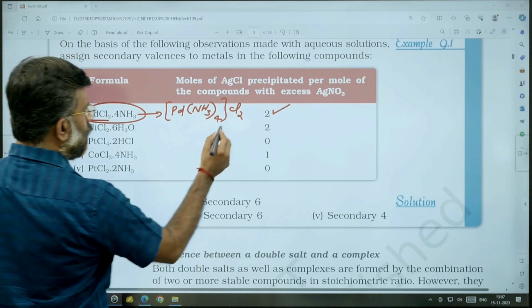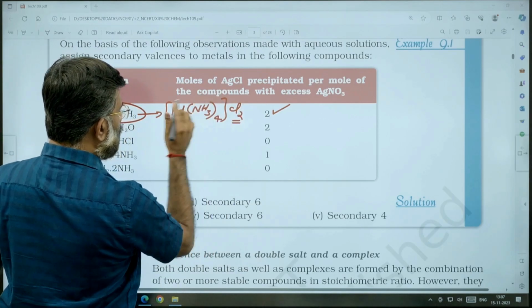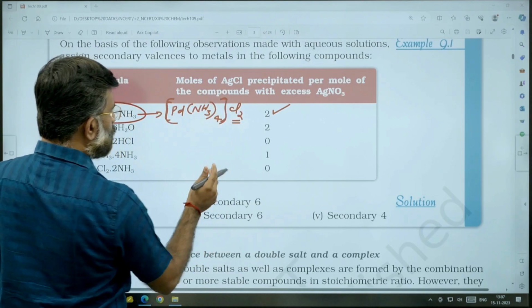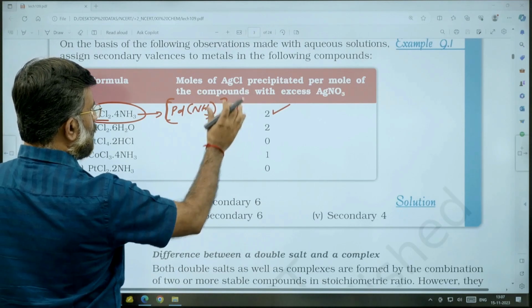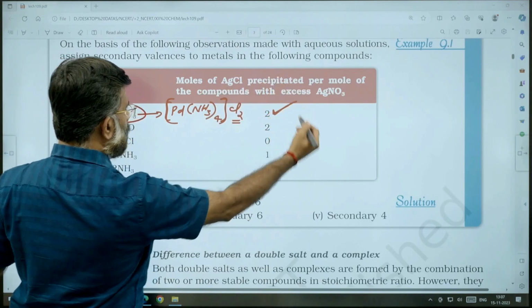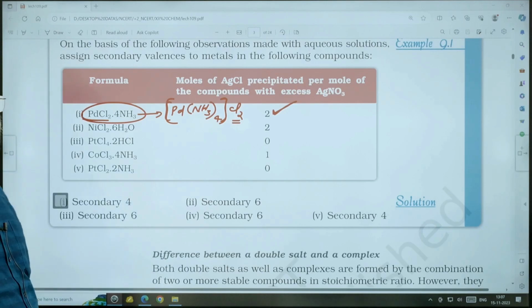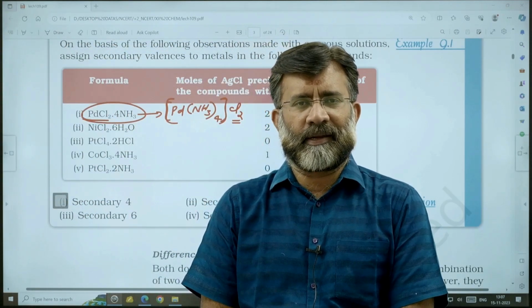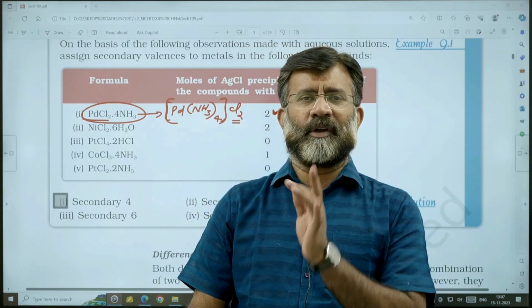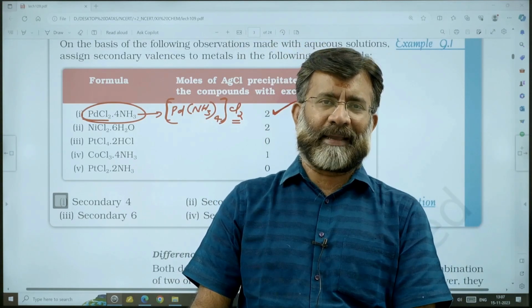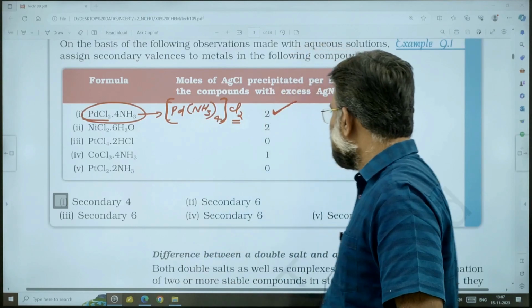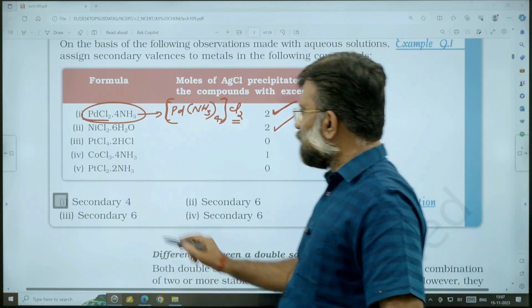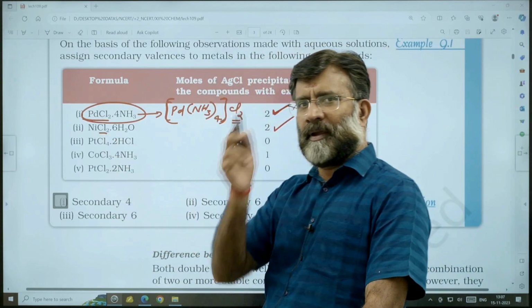The 2 chlorine should be outside the coordination entity so that they can ionize and react with Ag+ to give 2 mole AgCl precipitate. So 2 mole AgCl means these 2 chlorine should be outside the square bracket.